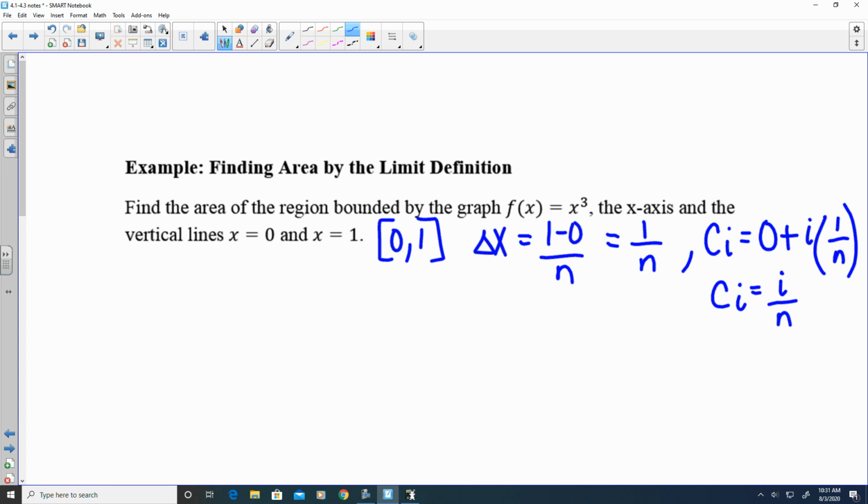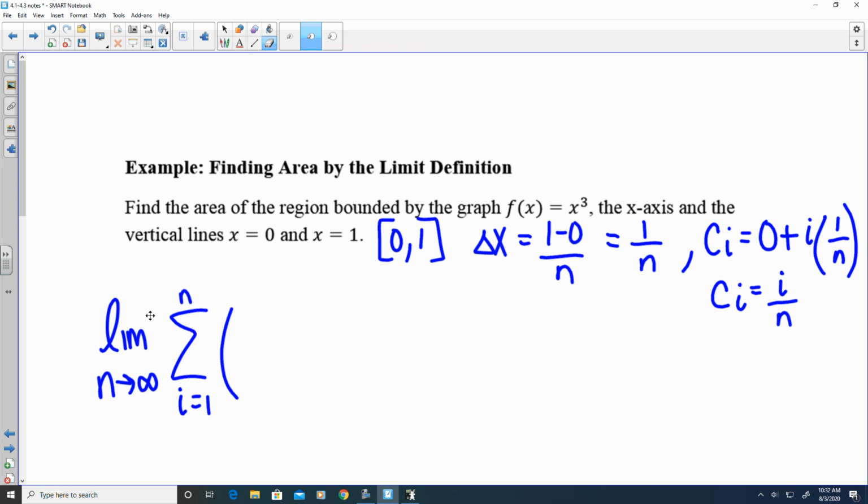So our new addition to the formula here is this limit as n approaches infinity on the outside, which makes it so that we can always use the easier version and still get the same answer. The function is x cubed. I'll do the basic one first so you see what I'm doing: f of CI delta x.